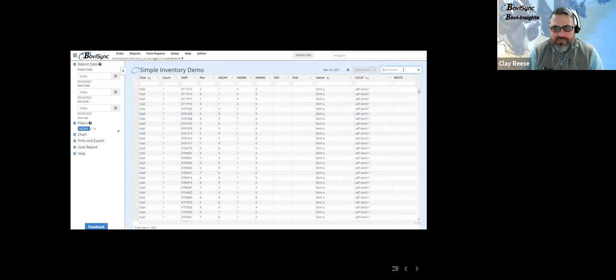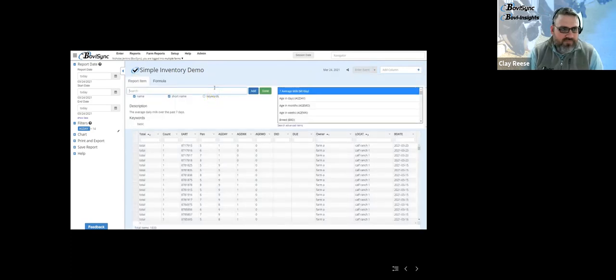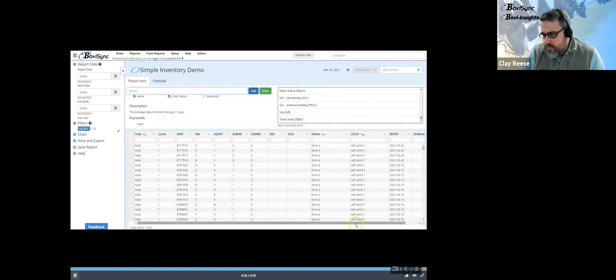So for birth date, for instance, you can push the plus button and enter the report item search field. And if I want to find sire breed, I can type in sire breed and see all the items that fit that criteria and add the one that I want.